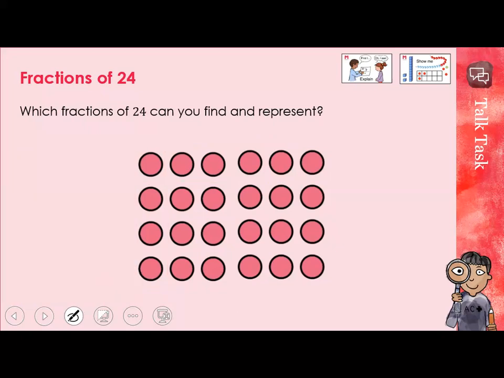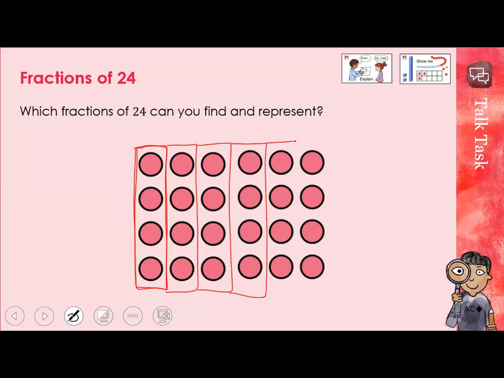So we started with this red set here. I've got 24 circles in total. How many equal columns have I split it into? Well, I've got 1, 2, 3, 4, 5, 6.